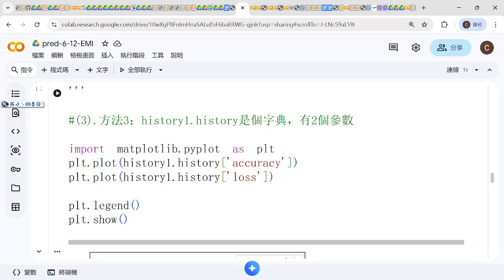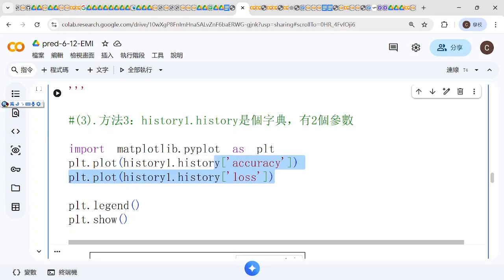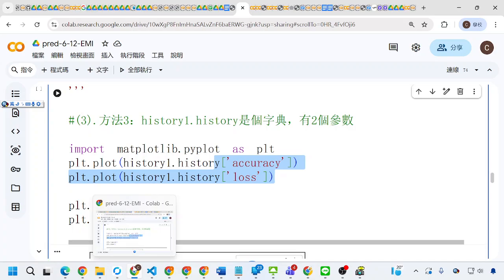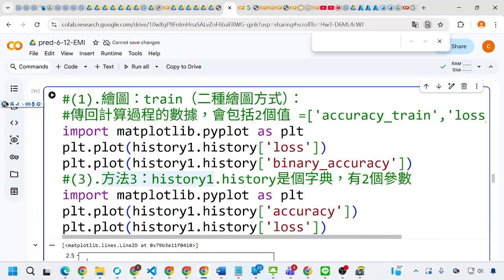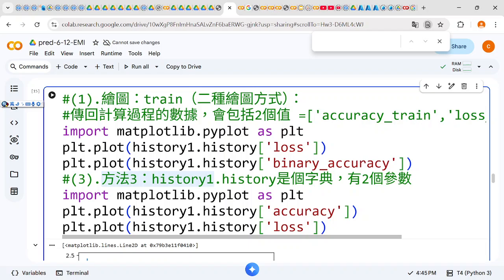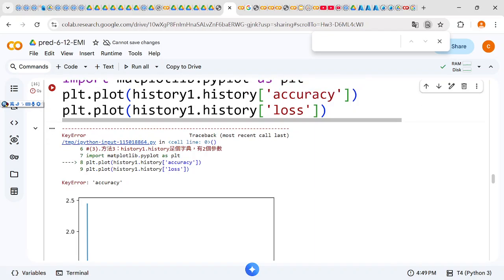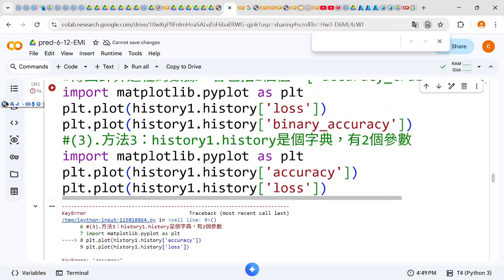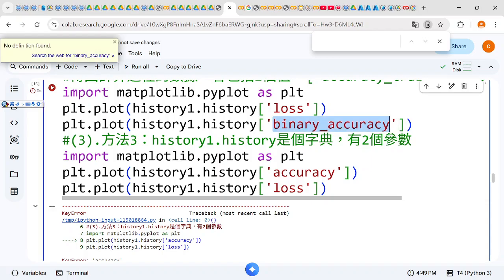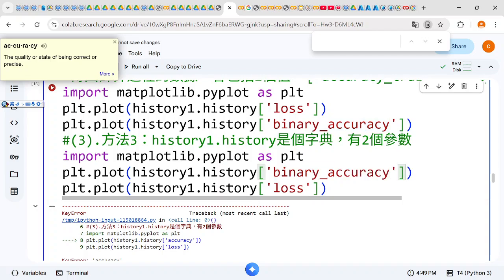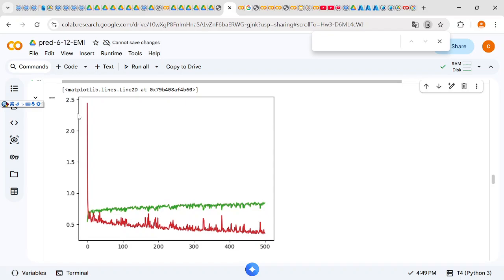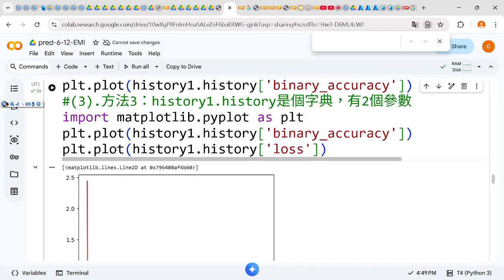I think this is correct. So is this the loss of the binary accuracy? This is not correct. So maybe that is binary accuracy. That is correct.